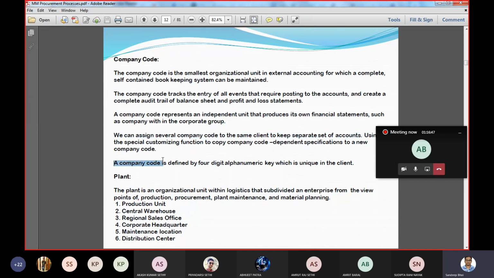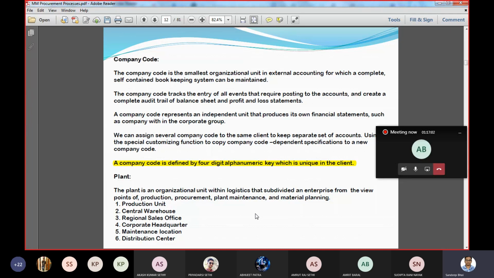A company code is defined by a 4-digit alphanumeric key which is unique in the client. That is what you need to understand.